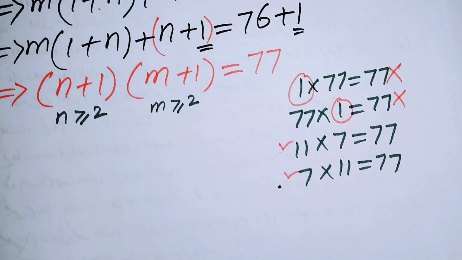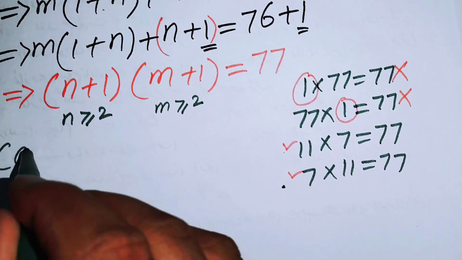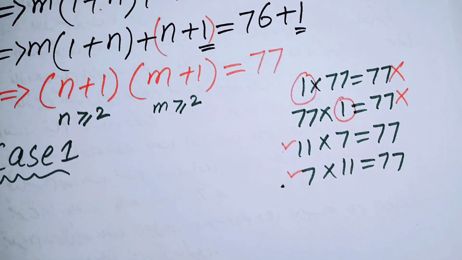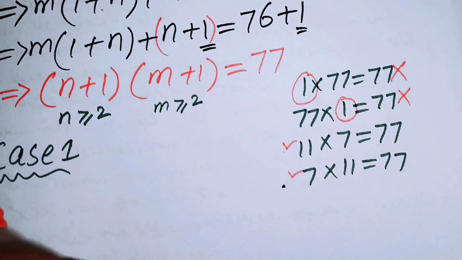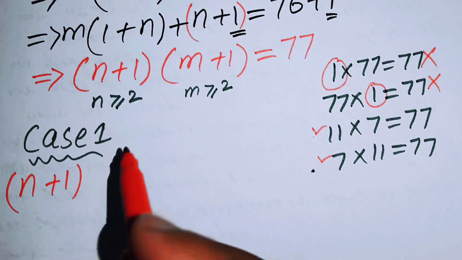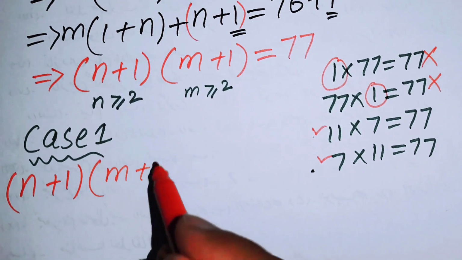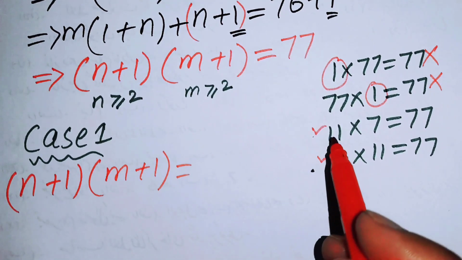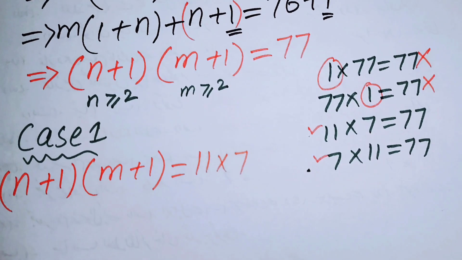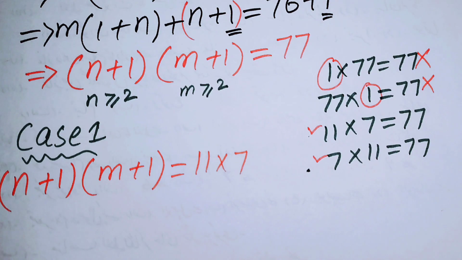So that I can write these two cases. The first case I can write is if you have (n+1)(m+1) equals 77, which is 11 times 7. This is our case number 1.